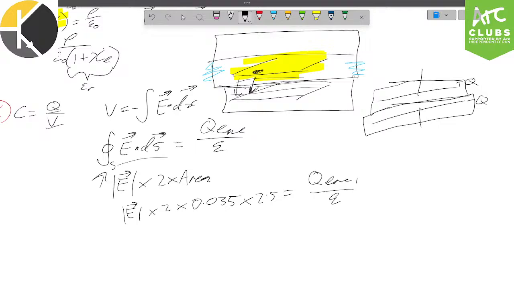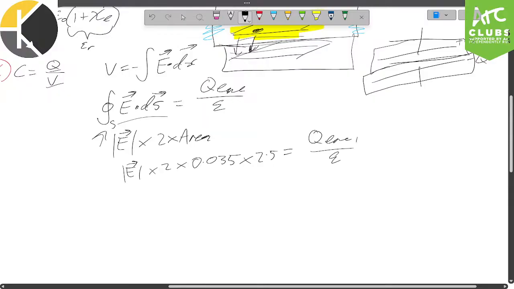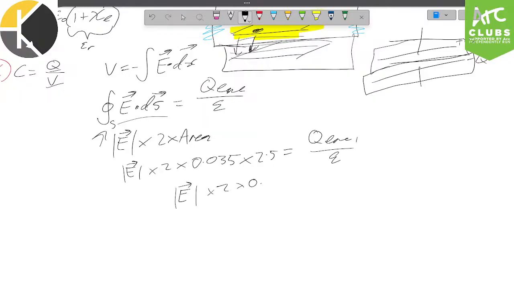Fantastic. So essentially, we say that the E value times 2 times 0.035 times 2.5 is going to be equal to Q on epsilon times 2. So there's 2 bits of this.